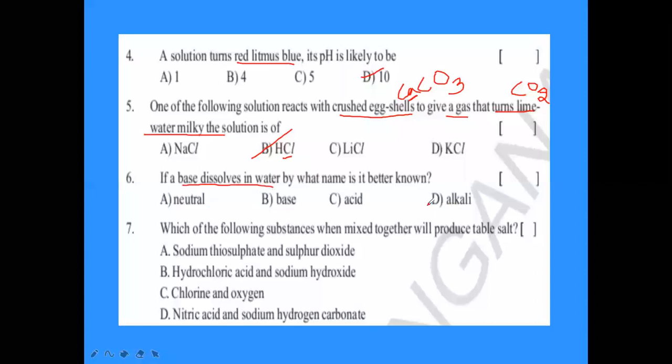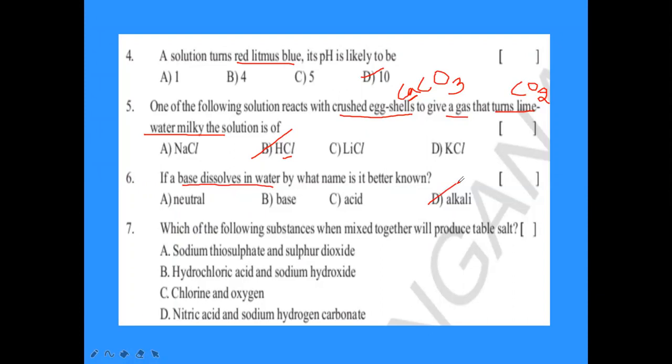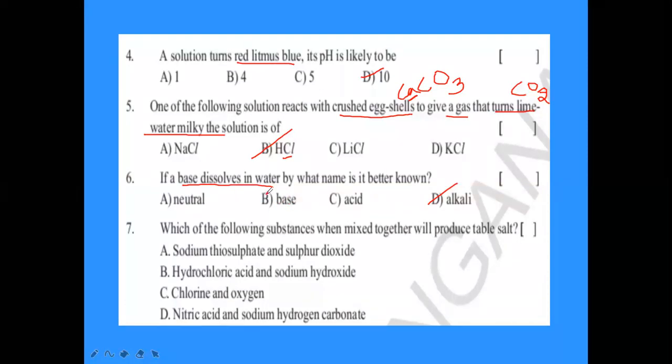Alkali means soluble base. If a base dissolves in water, by what name is it better known? The soluble base is called alkali. All bases are not soluble in water. Remember, all bases are not soluble in water. The bases which are soluble in water are called alkalis.